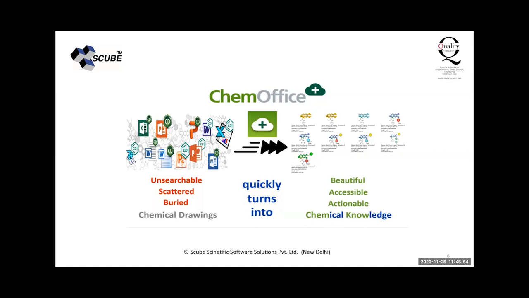So all those files are scattered, right? What ChemOffice does is it collects all that data and saves it in a cloud. So it is beautiful, accessible, actionable chemical knowledge. It will collect all the data from your system and place it in one place, that is a cloud, right?